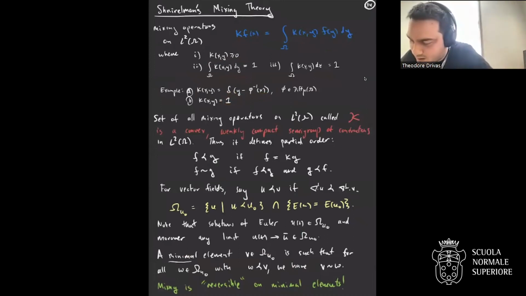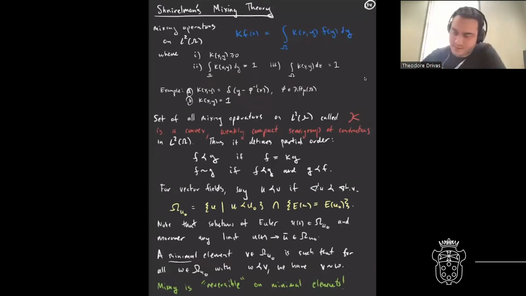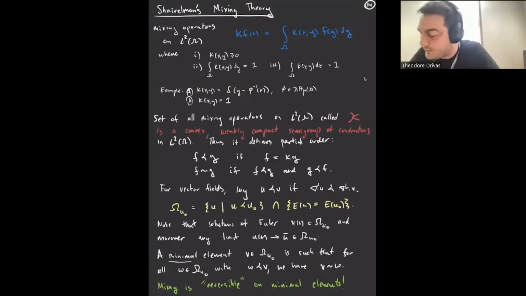And I'll talk more about this in a second, but this set of all these mixing operators is a convex, weakly compact semigroup of contractions. It's actually related to the closure of the orbit of some function in the group of area preserving diffeomorphisms.